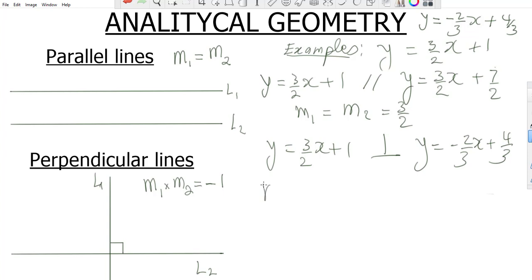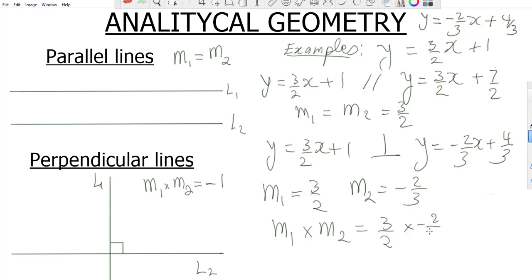So the two perpendicular lines: the gradient of this is 3 over 2, and the gradient of this equation is minus 2 over 3. If you multiply them, you have 3 over 2 multiplied by minus 2 over 3. So 3 divided by 3 is gone because there is multiplication. So you cancel this, and here we're going to be minus 1. So it's proven.